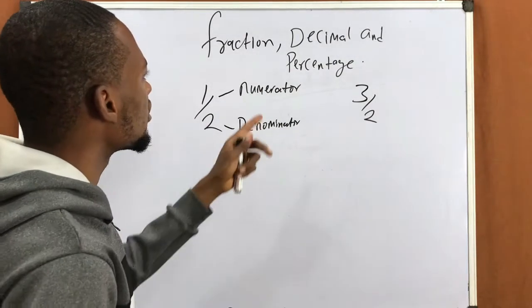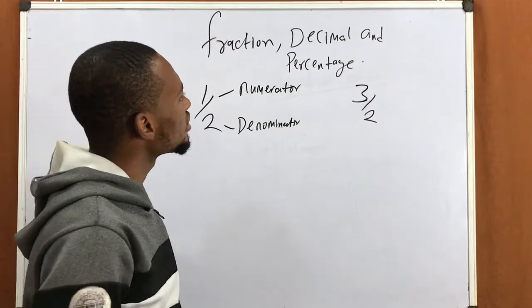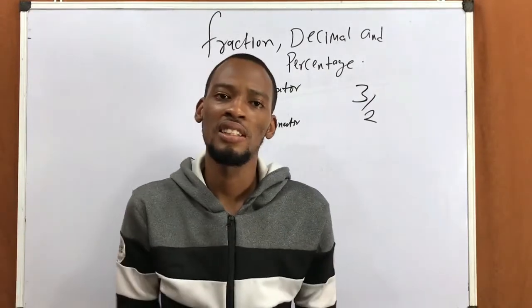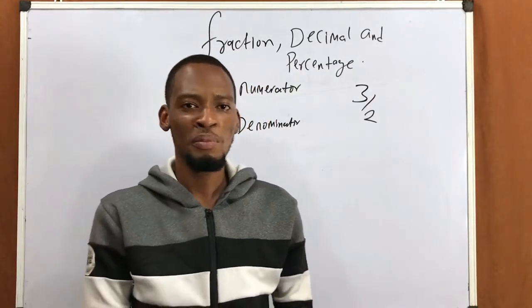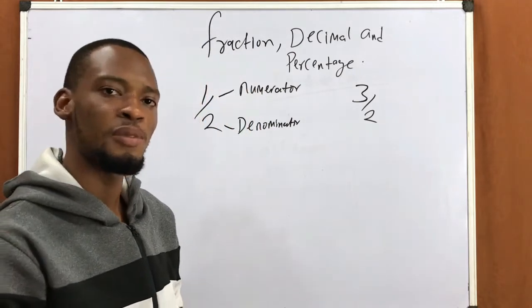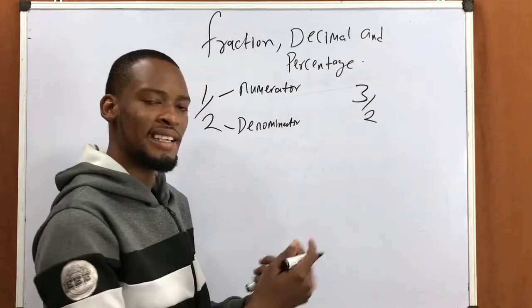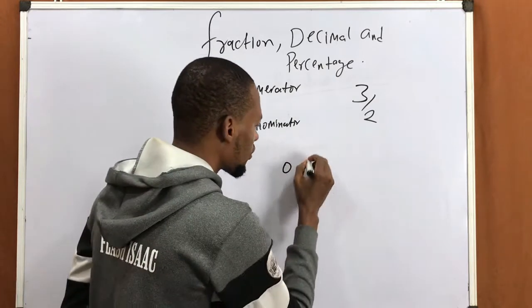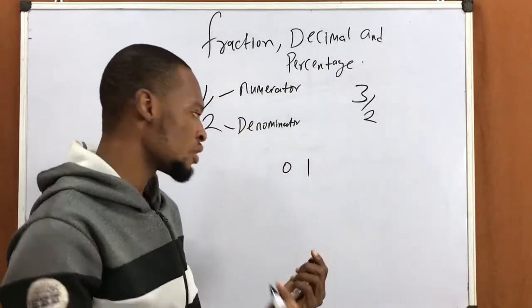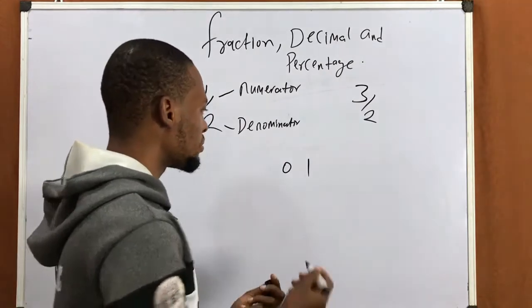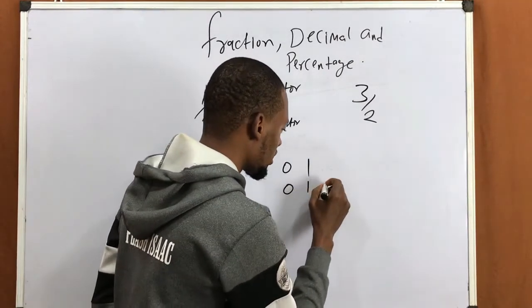And decimal, it's simply a number in base 10. In my tutorial on number bases, I explained the various number systems. You can have base 2. When the number is base 2, it means the highest is 1. That means 0, 1. That's a number in base 2. When the number is in base 3, they are 0, 1, and 2.